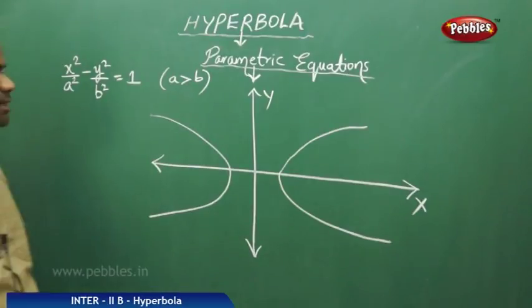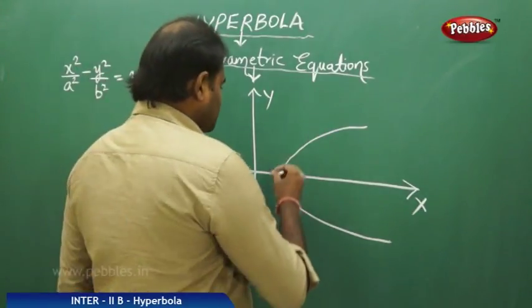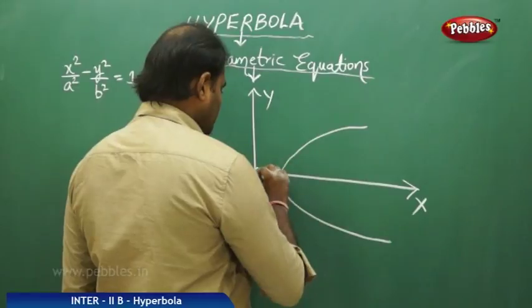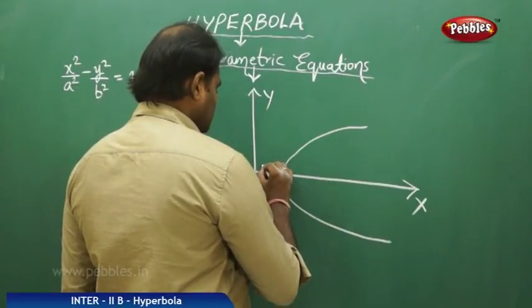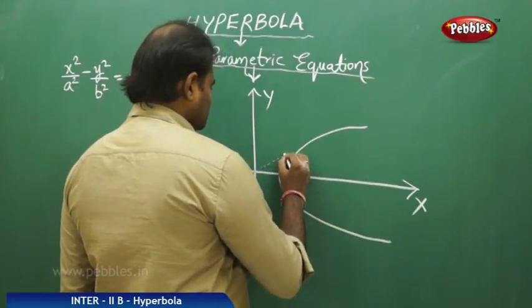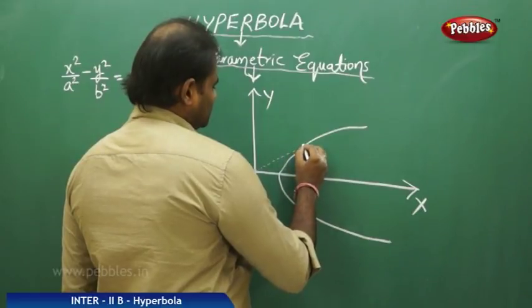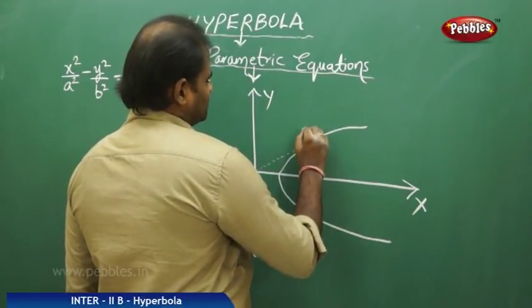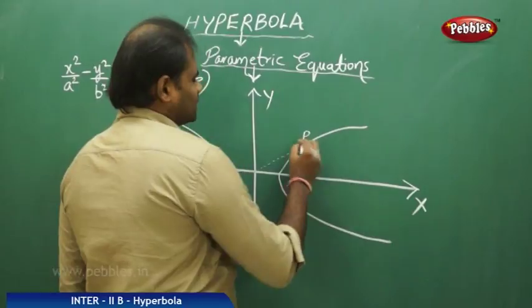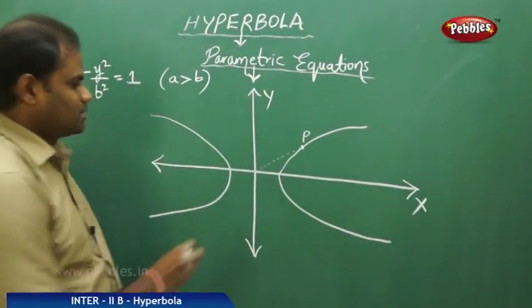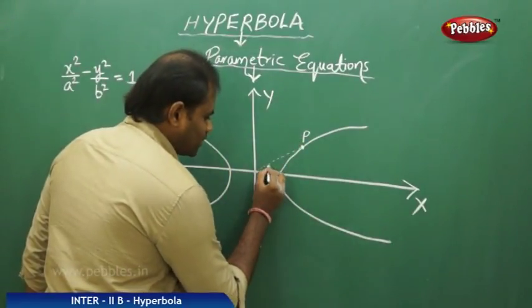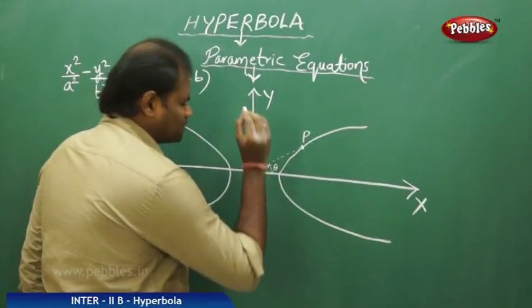Now for this, if I take any point P out here, then let me join the center of the hyperbola with this point P. And let me say this point P makes an angle theta in the anti-clockwise direction.